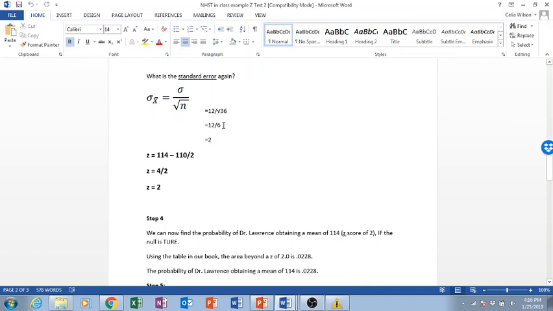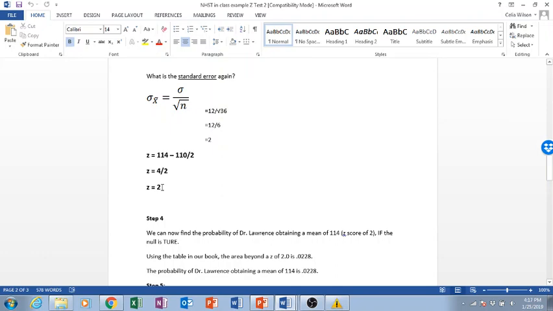So 12 divided by 6, that's 2. So the standard error is 2, or the standard deviation of the sampling distribution is 2. Now I can divide. So I go back to my formula. 114 minus 110 divided by 2 gives me 4 divided by 2 and a z-score of 2, right?